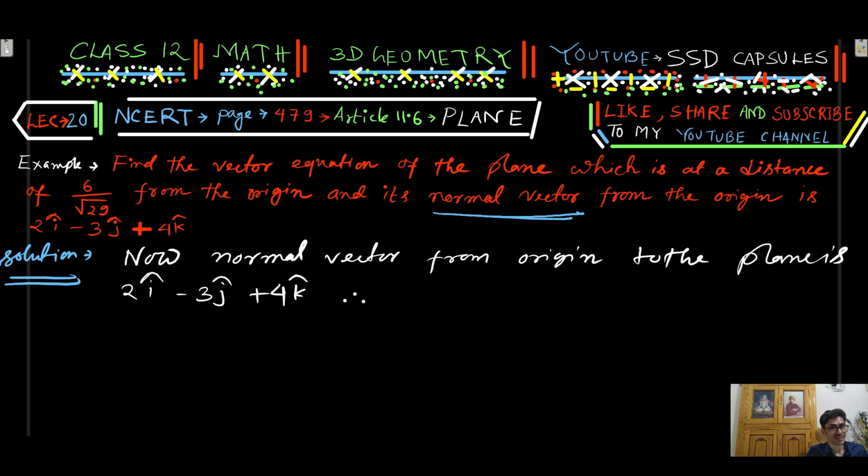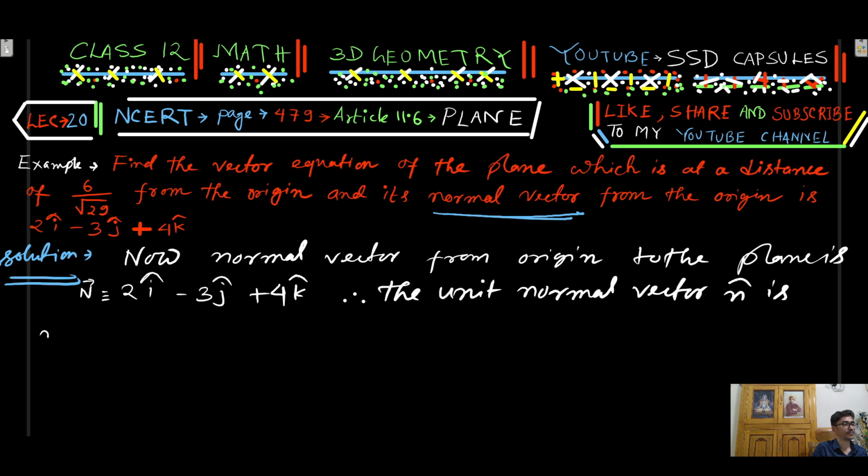To find the unit normal vector, we divide this by its magnitude. Therefore, the unit normal vector n cap is n vector divided by the magnitude of n vector.